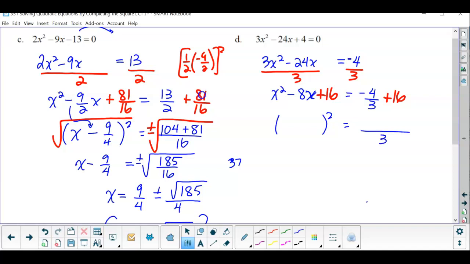Then factoring that, that's going to be x minus 4. Common denominator here with 3, we multiply 16 times 3, which is 48.